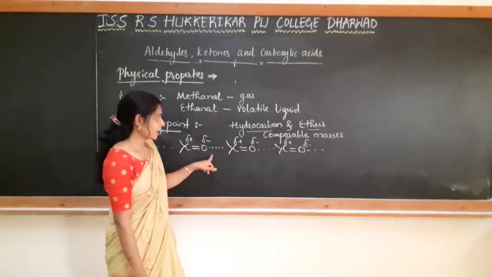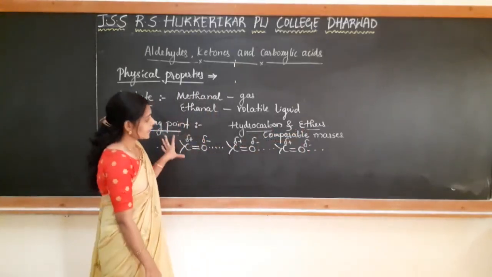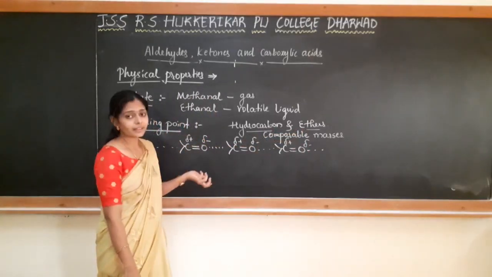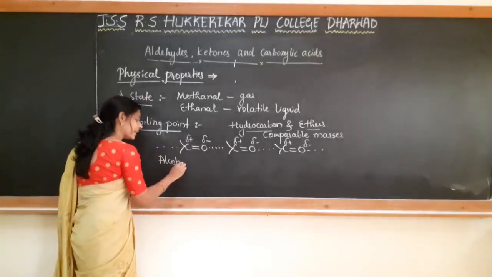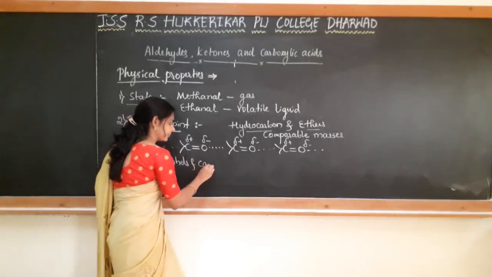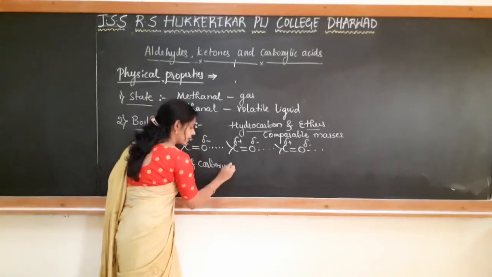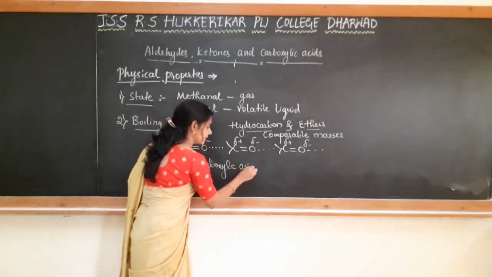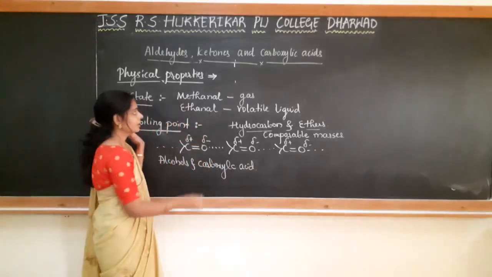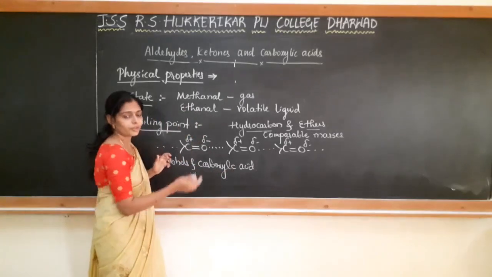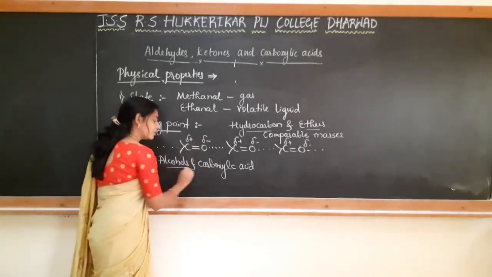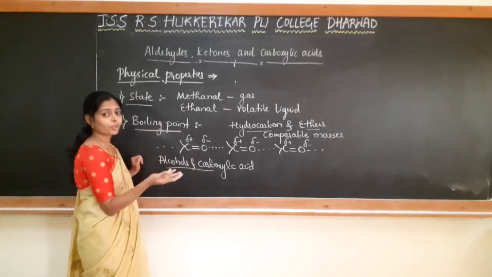This is one thing. And if you compare the aldehydes and ketones with the alcohols and carboxylic acids of comparable molecular mass, alcohols and carboxylic acids will have a higher boiling point.